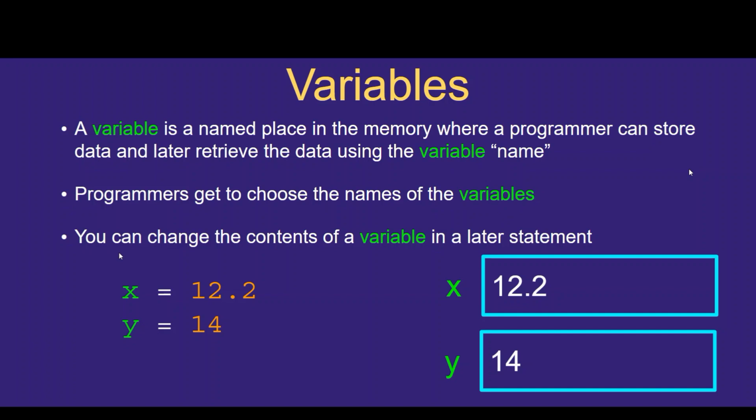Now you can change the content of a variable in a later statement. Remember, whatever is going to be inside a variable is always a value, and that value is a constant. Variables are not constant, but the content in them is constant. Do you get it now?